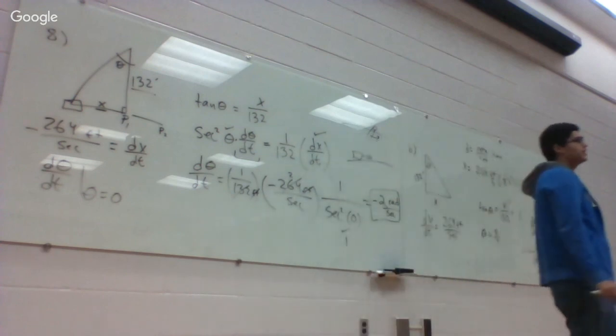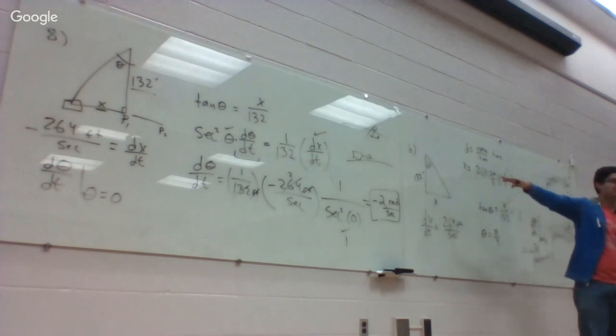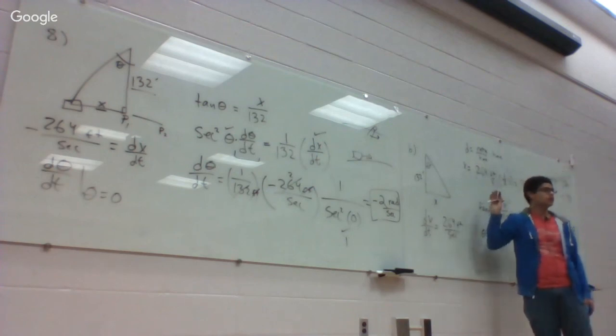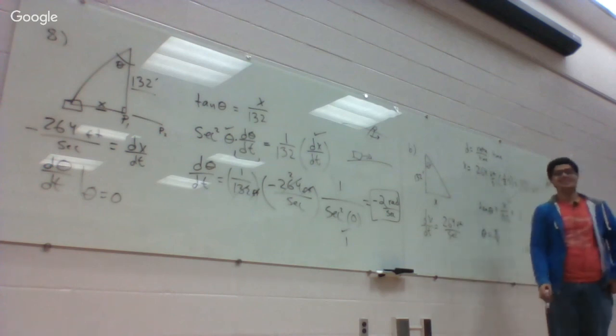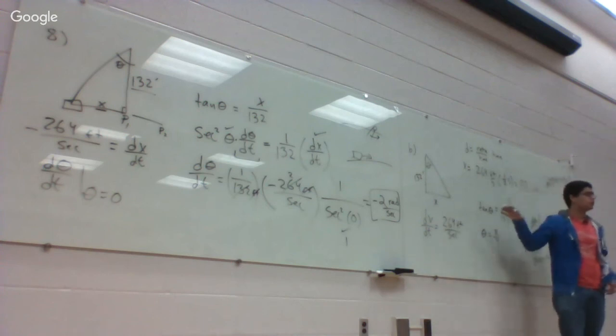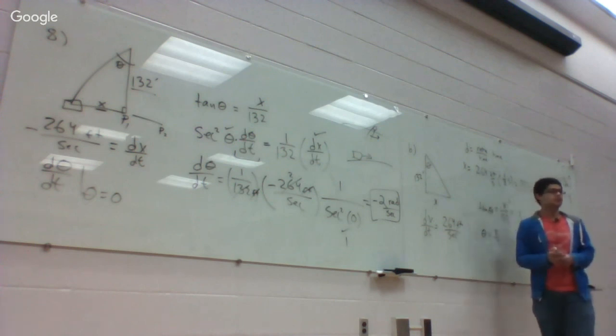I wasn't able to interpret it correctly, so I didn't get full points, but I knew what was going on, sort of. So I wrote out the formula for the Pythagorean theorem, with the derivative of that, and did some math. Since I wrote out the formula with the derivative, I got some points. So if you can't solve it all the way, make sure you do at least that.